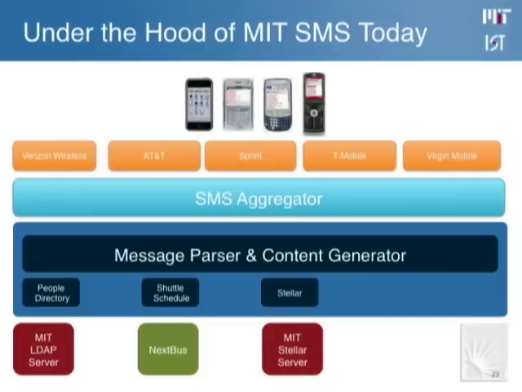Looking at the MIT SMS, it has a very similar structure, except that in order to provide the SMS service, it's a little bit more complex than setting up a web server and assigning a domain name to it. So we're going through an SMS aggregator that's providing the communication channel back and forth between individual carriers, all of the 5 carriers that are mentioned here.